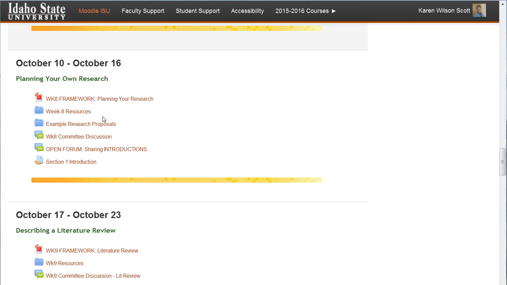So the purpose of doing the literature review is to get us to a gap in the literature. And once we have that gap, that's our problem.